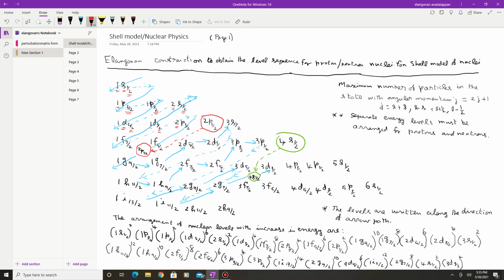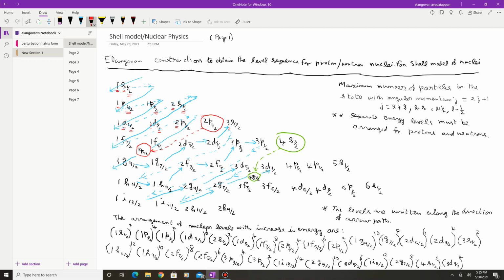So 2P 3 by 2, 2P half, and again you write 3S half. This is the third time the S half state is appearing. You already have 1S half and 2S half, now 3S half. So in this way you can write down the energy levels.